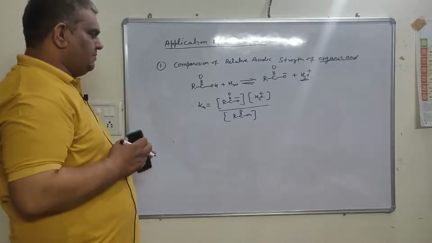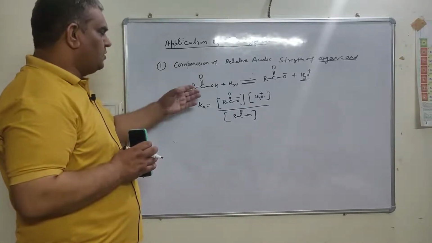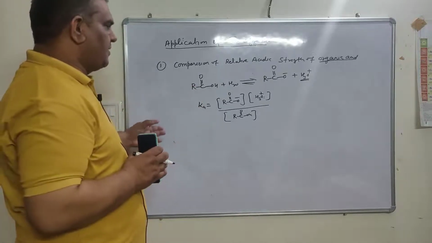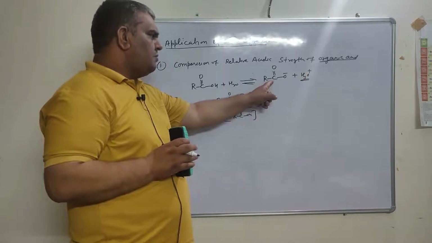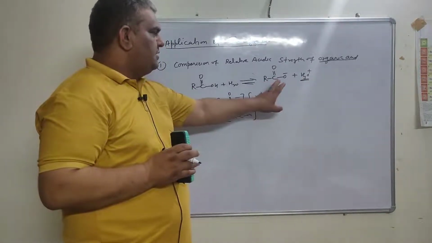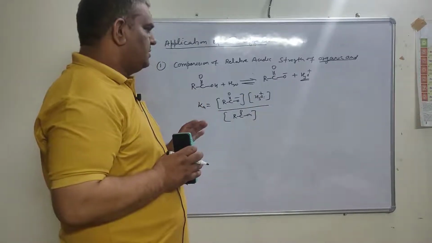For example, the extent of the reaction of this carboxylic acid and water to furnish the carboxylate anion and the hydronium ion depends upon the stability of the reactant relative to the stability of the product.